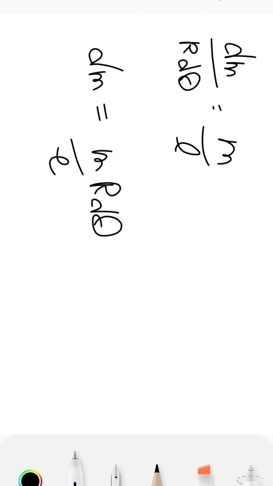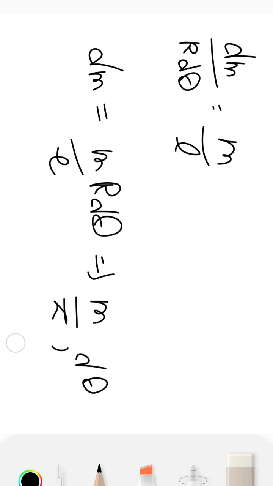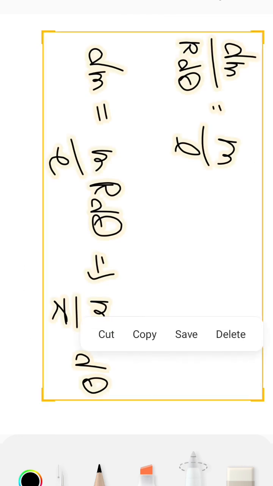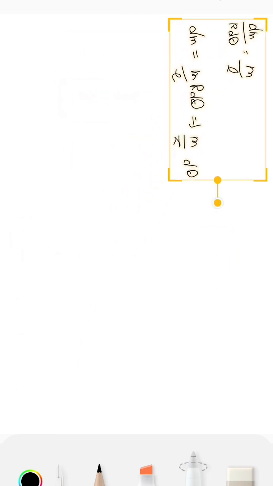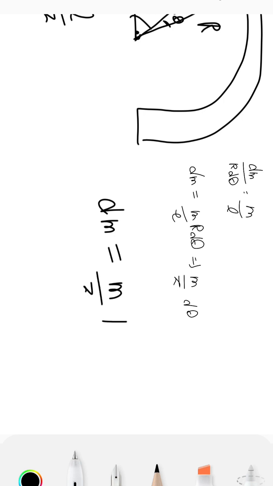So we can use the distribution over here: m by l into l by pi d theta. So from here you can cancel the l, so finally you're getting dm as m by pi d theta.